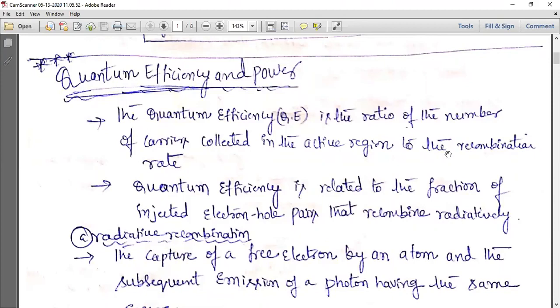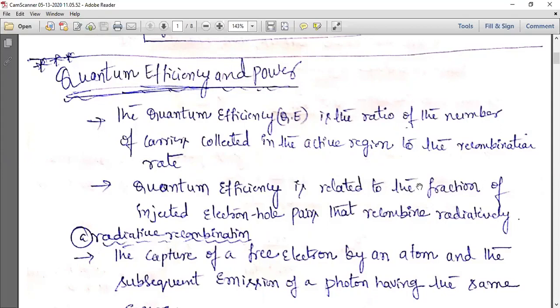Some of them may not recombine, so we should consider only the cases where the recombination happens and that recombination generates the light. So the efficiency of your LED to convert the incoming carriers into light is nothing but your quantum efficiency. It is related to the fraction of injected electron hole pairs that combine radiatively.